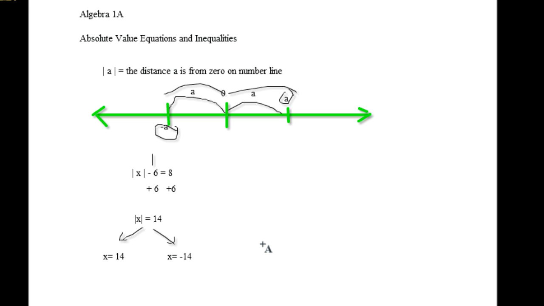Who knows? We don't know which one it is specifically, so we have to account for both circumstances. Now, it could be one or the other. It can't be both because you cannot be two different numbers at the same time. So whenever you're doing an absolute value equation, you're going to put an or between the two numbers.